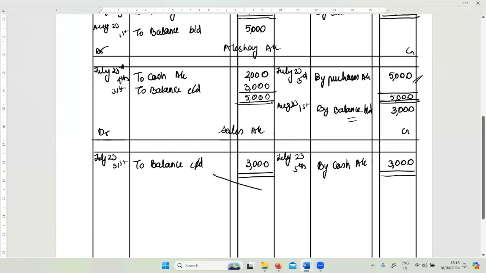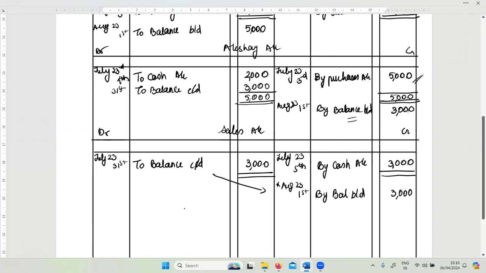And this balance now I'm going to bring down on the opposite side in the next month, 1st of August, by balance brought down, and the amount is 3,000. Fine.